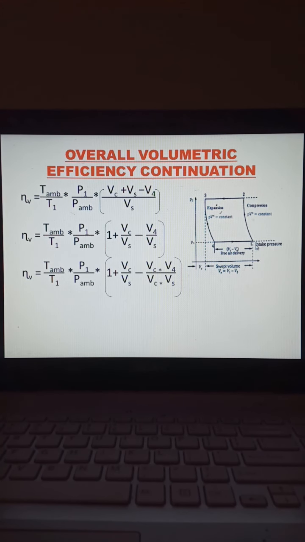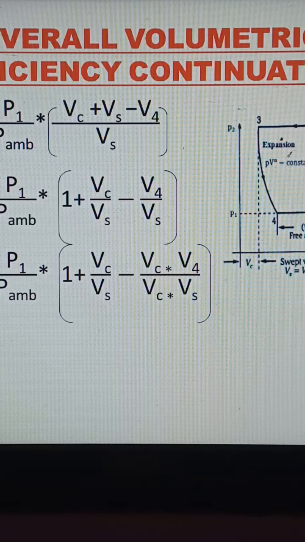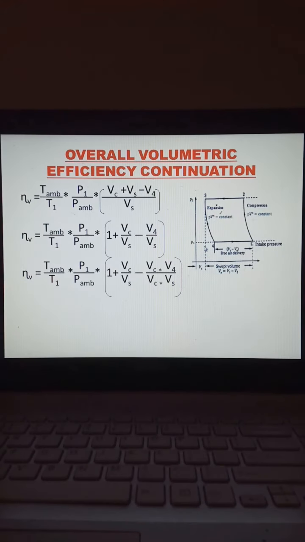V1 is this volume. This much volume is the clearance volume, and this much volume is Vs, the swept volume.